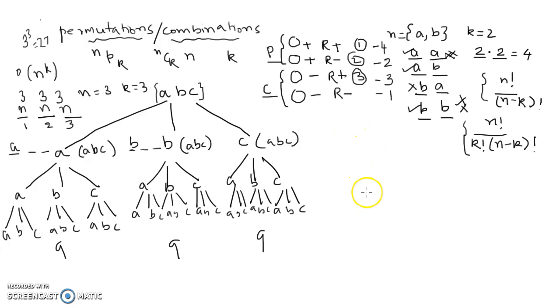How do we code this? Our typical recursive loop would have a for loop that would go and select the first element, because as you can see, if you look at the left branch, it always selects the first element, and then after it's done selecting the first one, it goes and selects the second one, and then the third one.